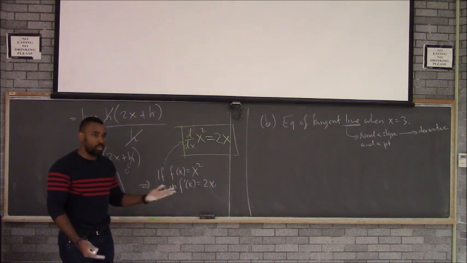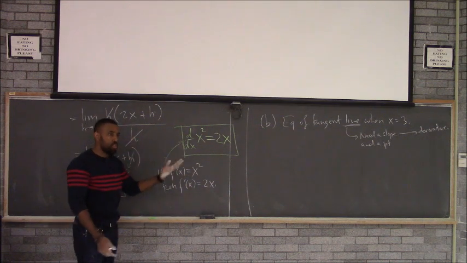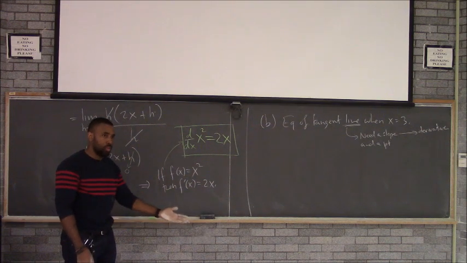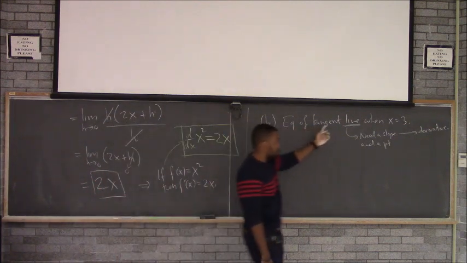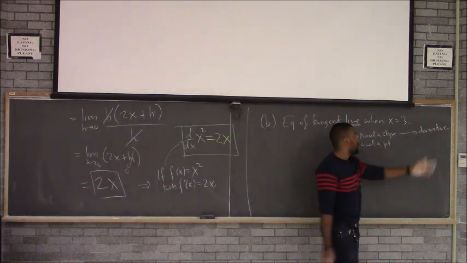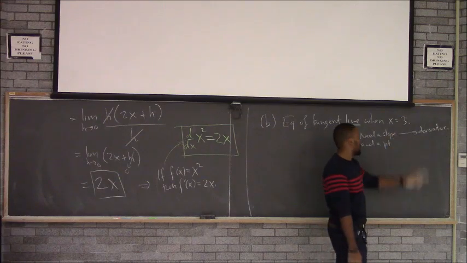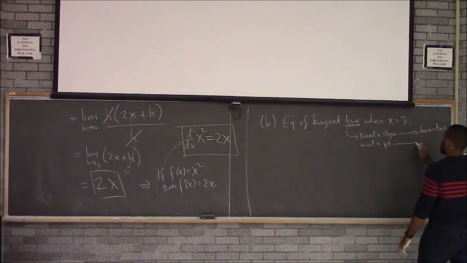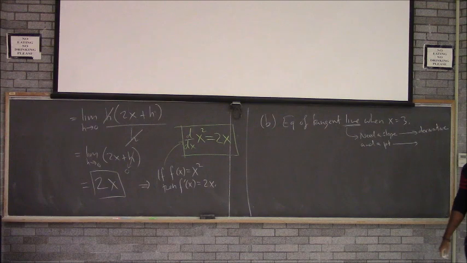What do I do? Derivative, that's what I want you to think. The derivative is interpreted as slope. Same thing. So if I want to find the slope of the tangent line, it's just the derivative, at the point where x equals 3. And now, how do I find the point? Plug in. Well, the point is just x comma y, where you plug in x and compute y.